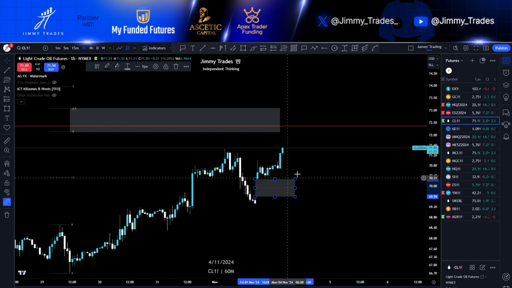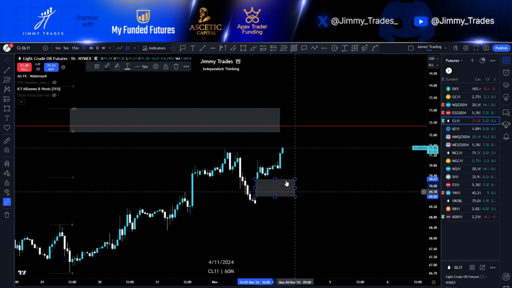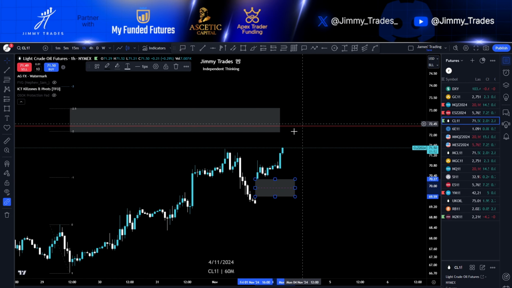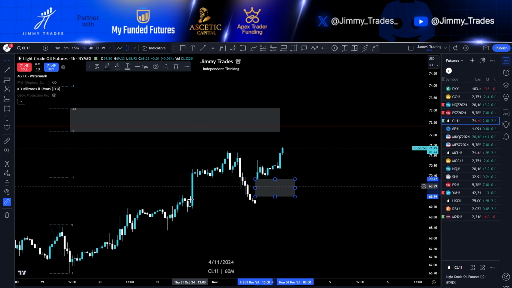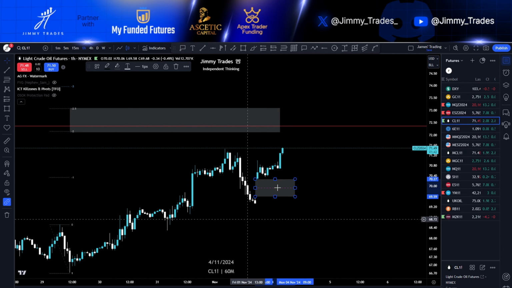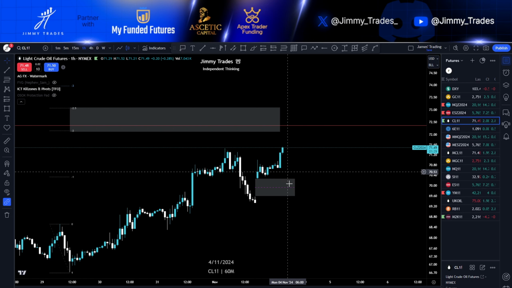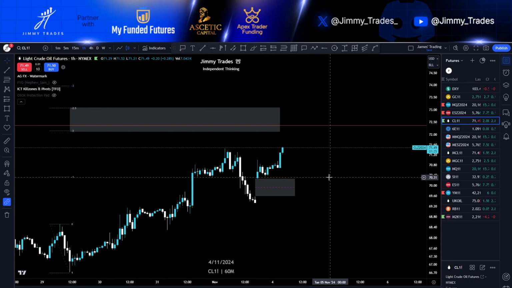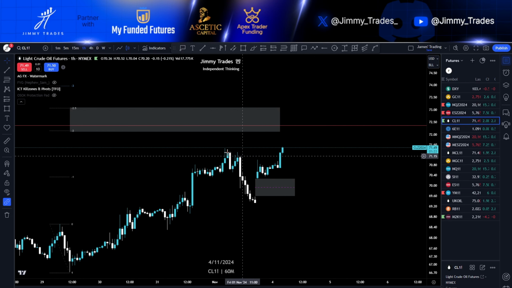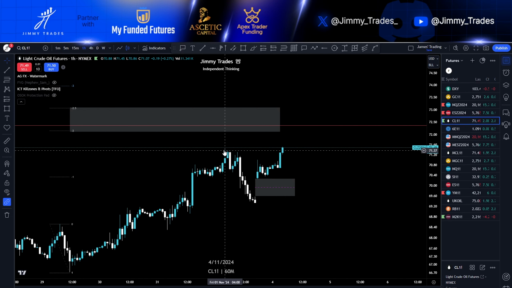So this is where we could see price come back into the range and fill this gap today before continuing on to its target. You can see price did manage to hold this hourly bullish FVG, but this could be the draw for today's price action. After obviously coming and taking Friday high.